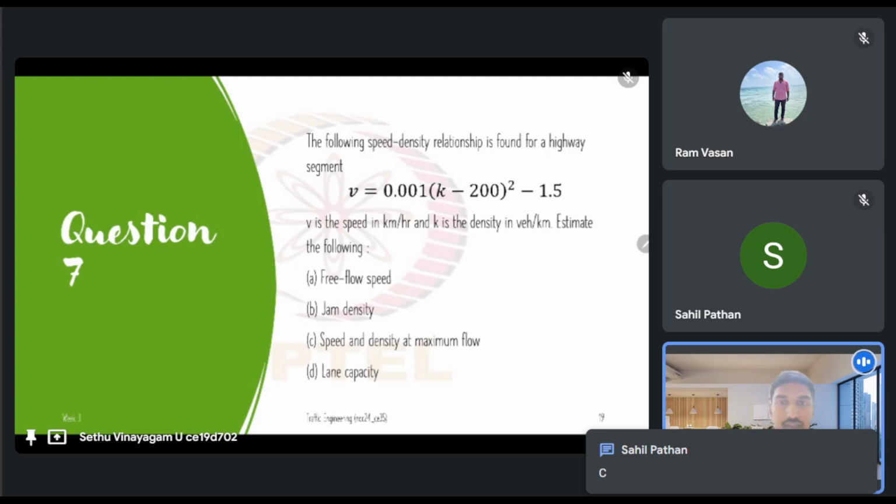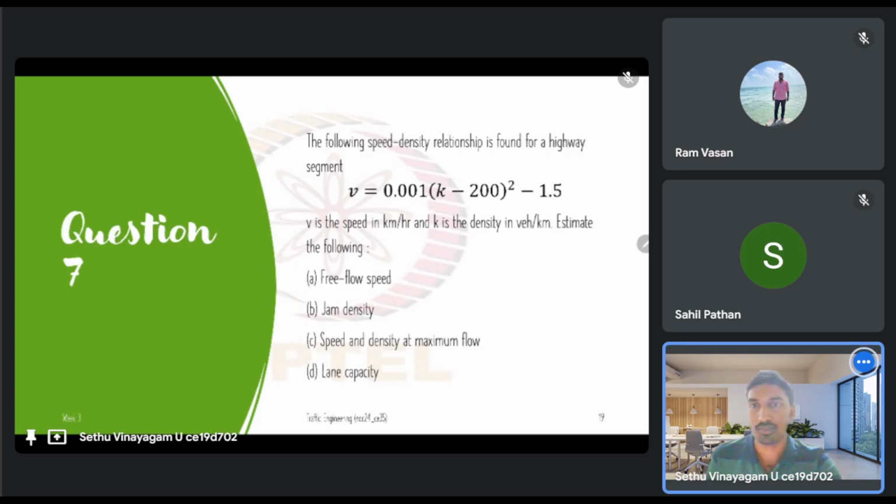What is the speed and density at maximum flow? It's not an MCQ. It's a numerical problem.